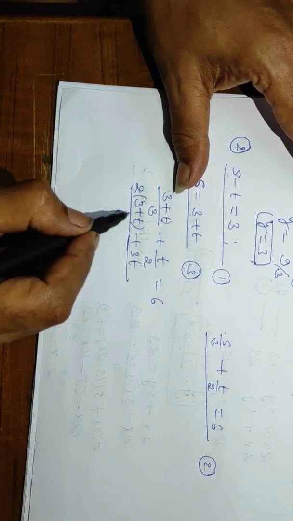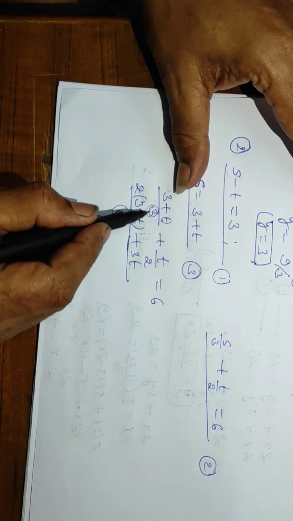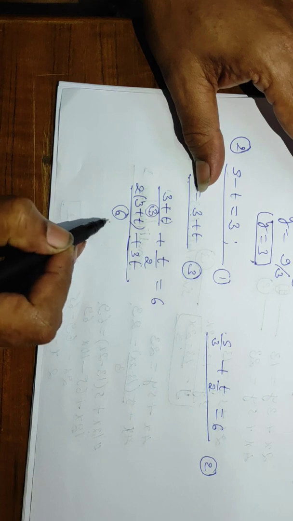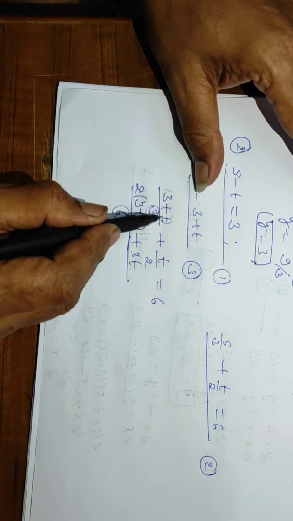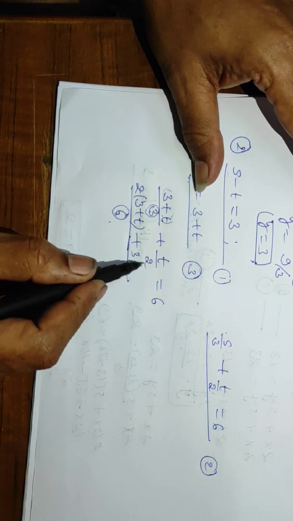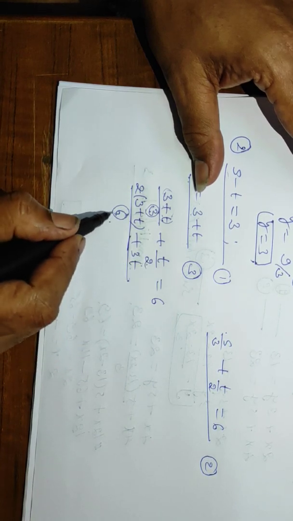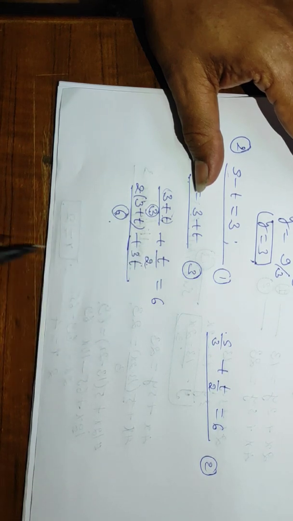First I have to divide the LCM by this denominator. The quotient is 2. With that quotient I have to multiply the numerator: 2 into (3 plus t). Next I have to divide the LCM by another denominator. 2 3s are 6, 3 is the quotient. Multiply this quotient with the numerator: 3 into t.